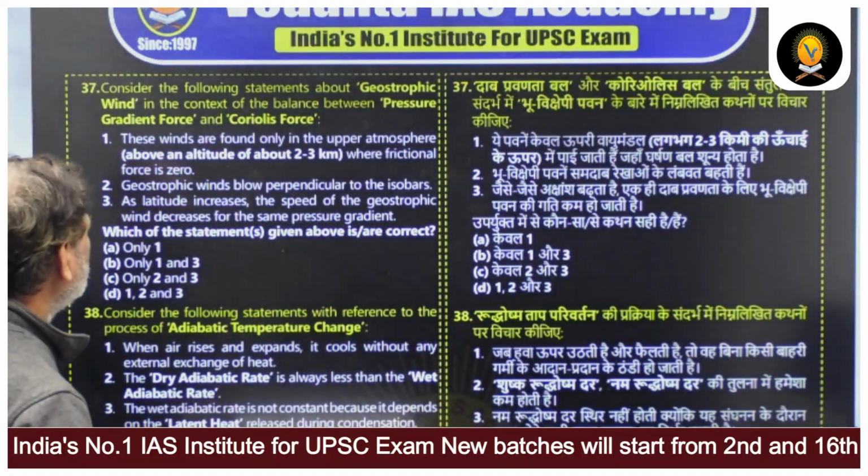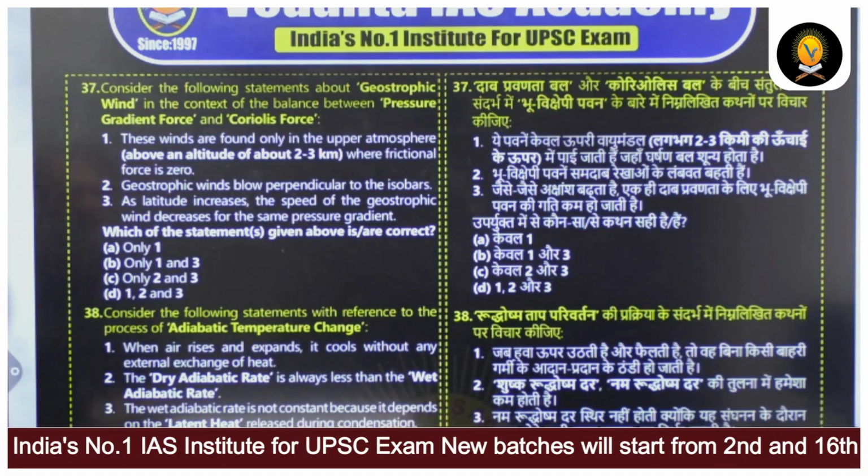Consider the following statements with geostrophic wind in the context of the balance between pressure gradient and Coriolis force. These winds are found only in the upper atmosphere, correct, where frictional force is 0. Geostrophic winds blow perpendicular to the isobars. No, they blow parallel to the isobars, not perpendicular.